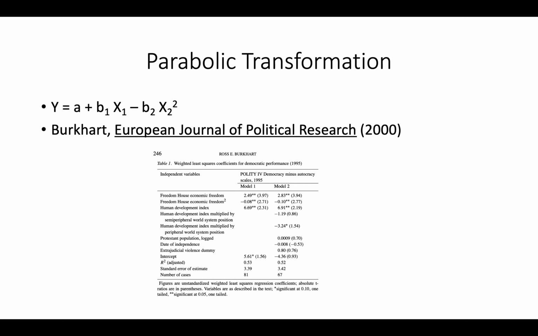It looks as if there is a nonlinear relationship between the economic freedom scores and democracy. In fact, because the economic freedom scores are statistically significant in both of the models, the figures in parentheses being absolute t ratios, it does seem that the parabolic functional form works very well in capturing the relationship between capitalism and democracy.